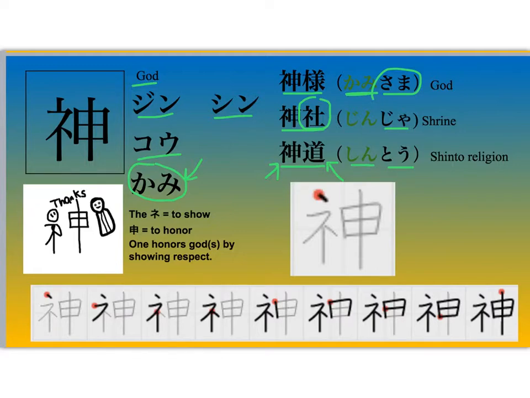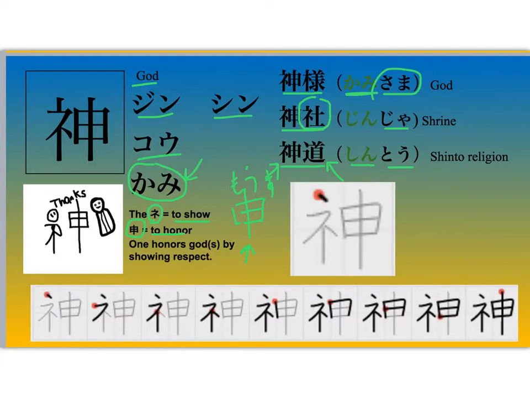Now this is made up of some interesting radicals. This radical, which looks like ne, means to show. And the right-hand radical, this one right here, means to honor. And in fact, that radical is actually a kanji, mosu. So when you say, mikimiken to mosu, I am humbly called, that's that kanji.